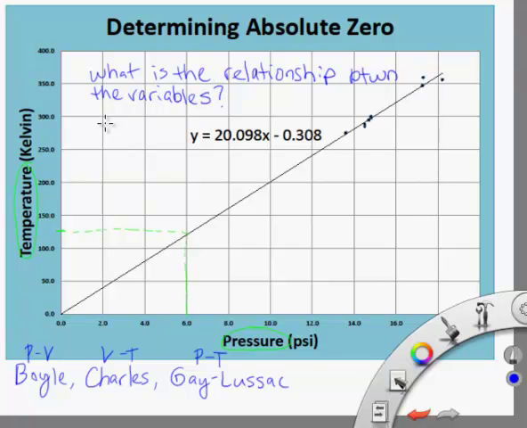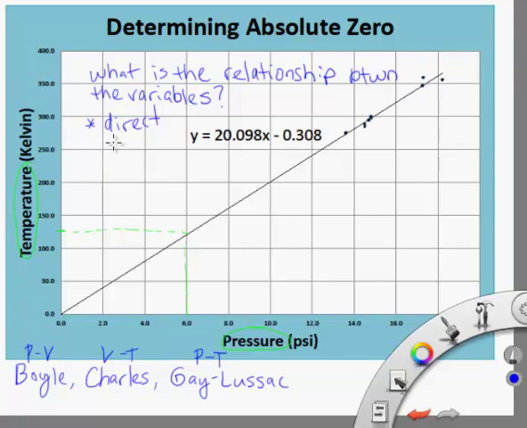Let's see what happens. Well, a relatively low temperature corresponded with a relatively low pressure, whereas a relatively high temperature corresponded with a relatively high pressure. This is indicative of a direct relationship. As one increased, the other increased.